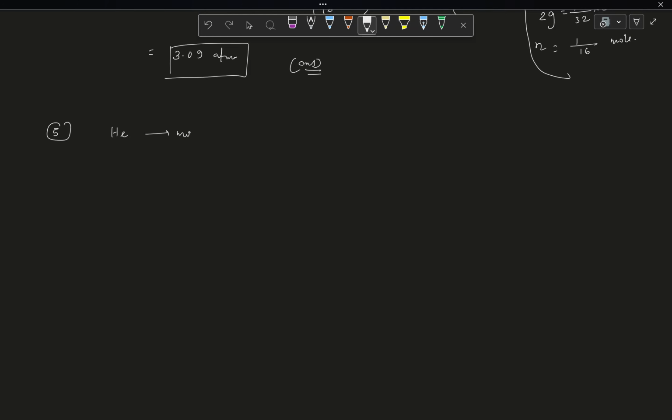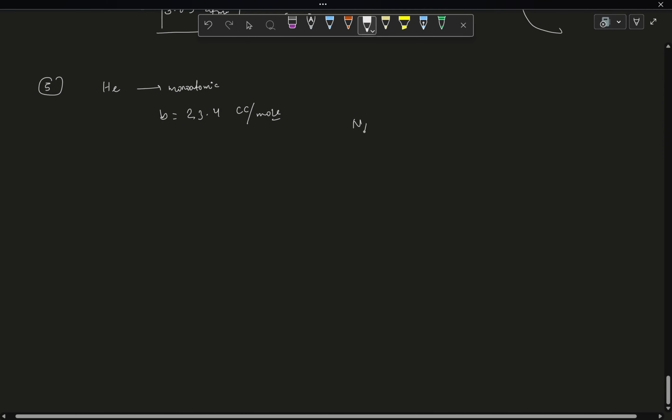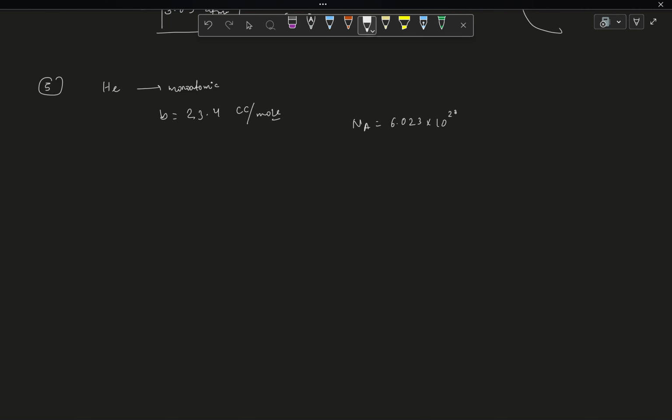So helium is a monoatomic gas. That means one molecule has a single atom. Now your B is equal to 23.4 cc per 1 mole, and your Na is just 6.023 into 10 to the power of 23.